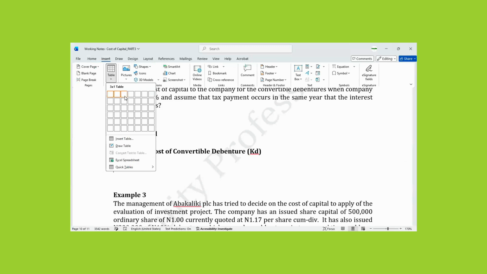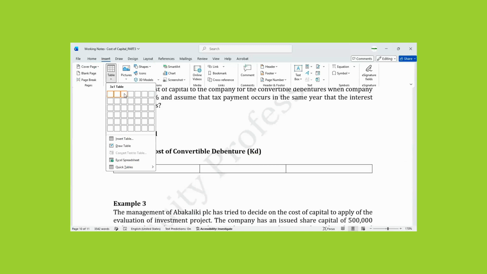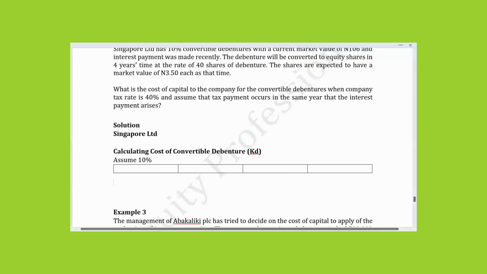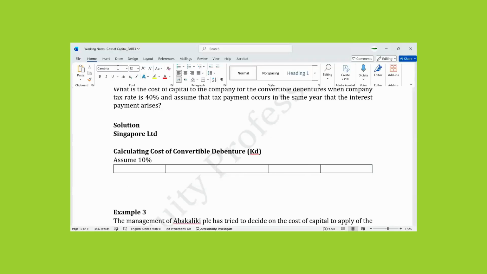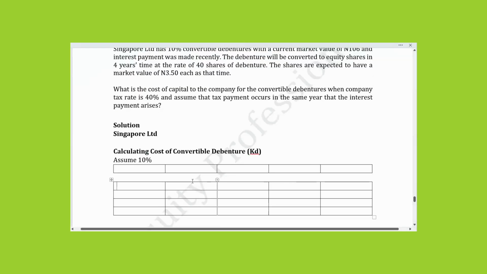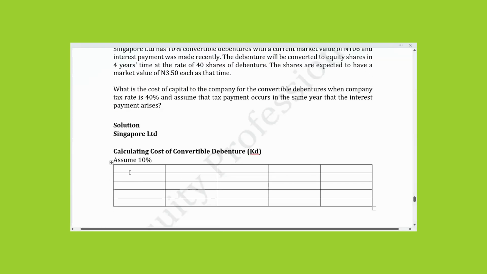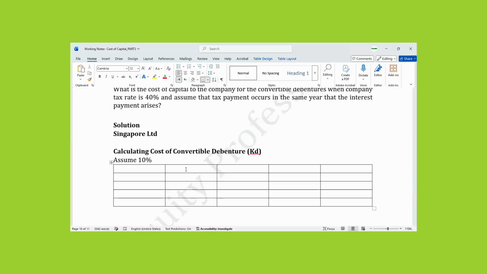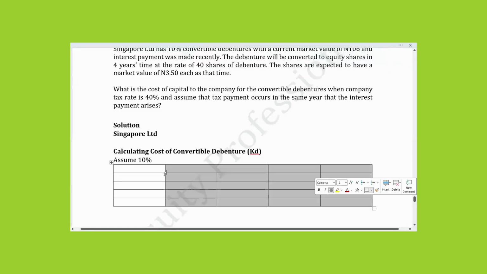NPV. So let me draw our table. So the first column will be year, followed by description of items.